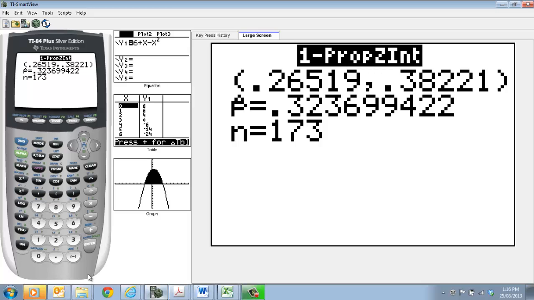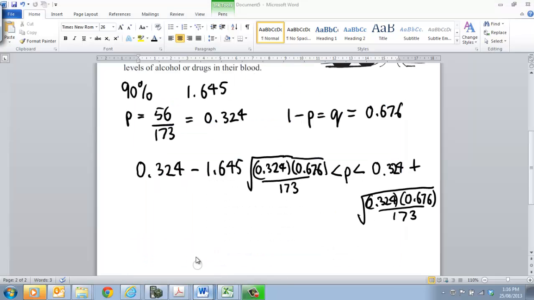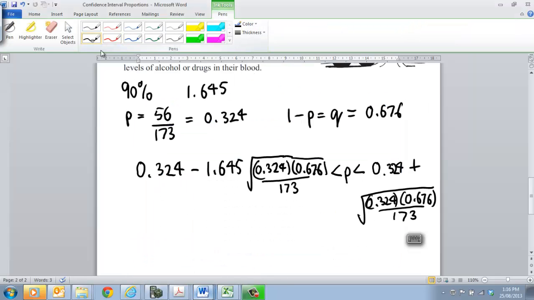When you come back over here, all you need to do is write those values down. Sorry, back to the wrong one. So what we can write down here is my proportion is greater than 0.22, no sorry, it's 0.2652, and it's less than 0.3822.